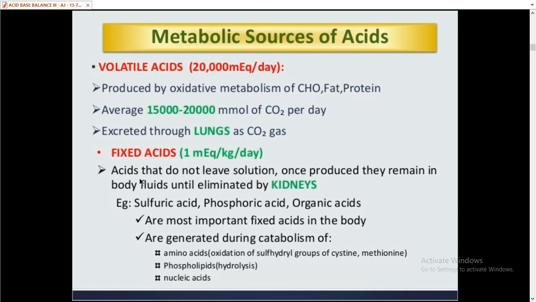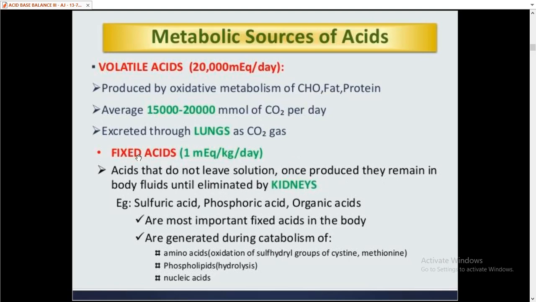The other form of acid production is fixed acids, produced at a level of 1 milliequivalent per kg per day, and these acids cannot be removed through the lungs as carbon dioxide. They remain in the body once produced, so they have to be excreted by the kidneys.